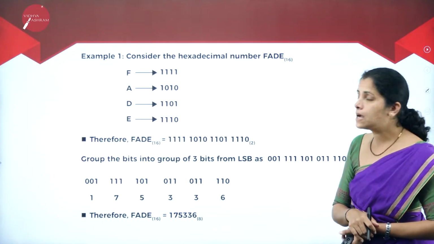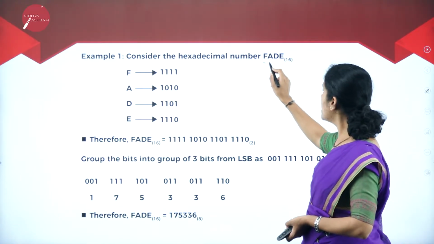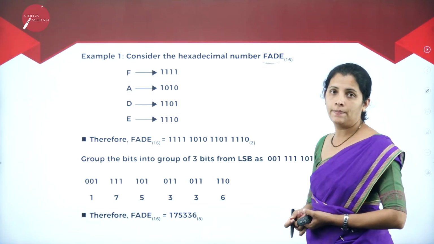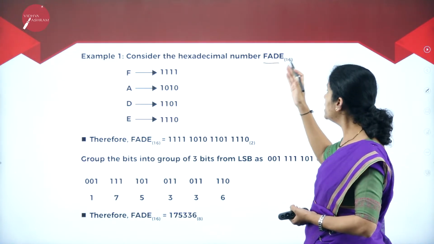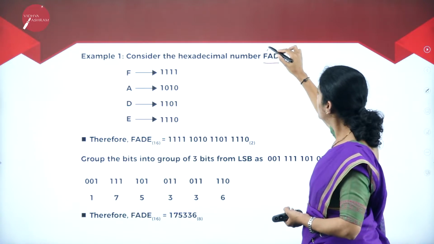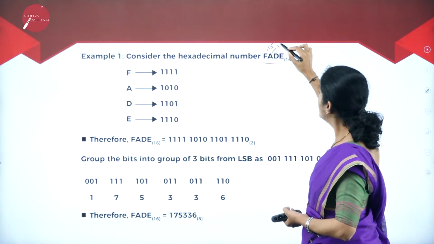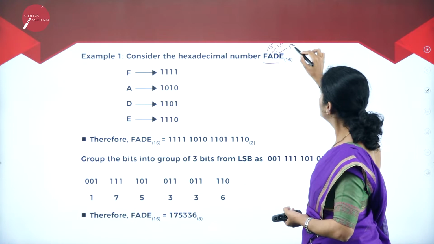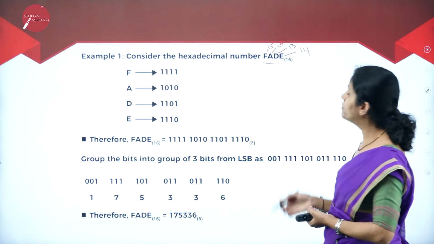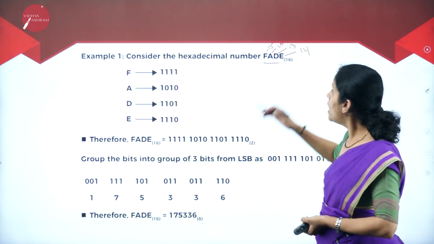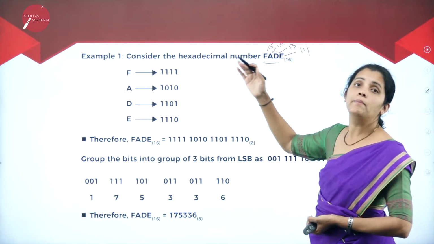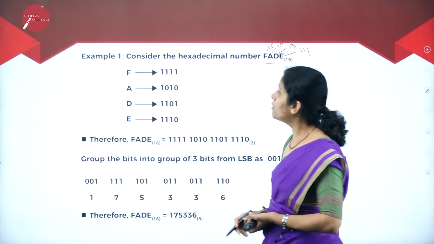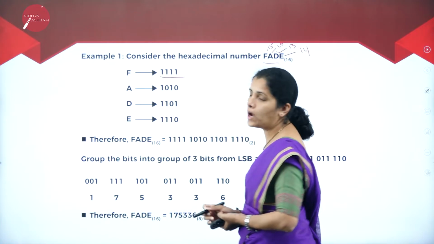Now consider the example here. It is FADE. That is 15, 10, 13 and 14. Now I want to write the binary numbers. For F, 15, it is 1, 1, 1, 1.